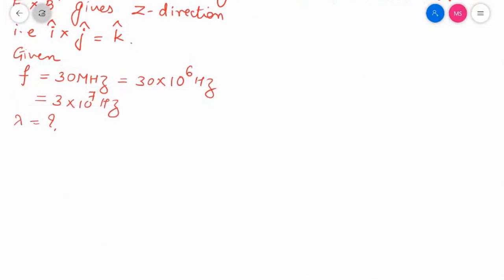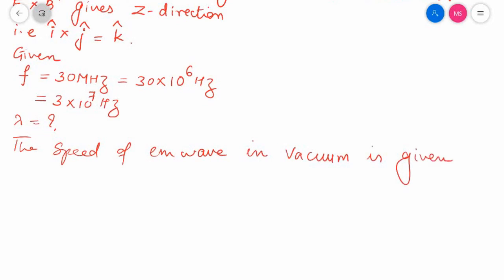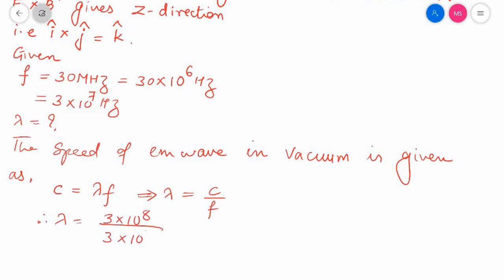Now, the speed of electromagnetic wave in vacuum is given as C is equal to lambda F. So this implies that lambda will be equal to C by F. So therefore lambda will be equal to C, which is 3 into 10 to the power 8, by frequency, which is 3 into 10 to the power 7.